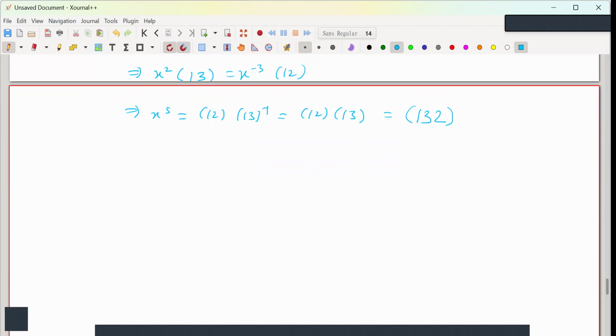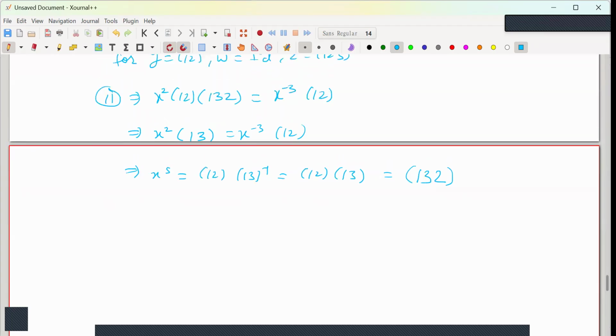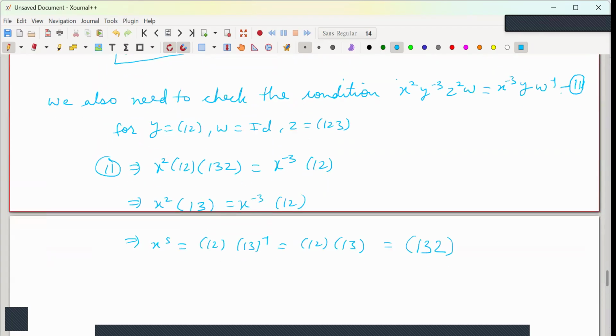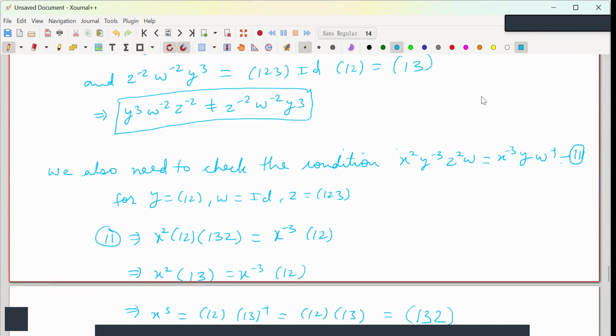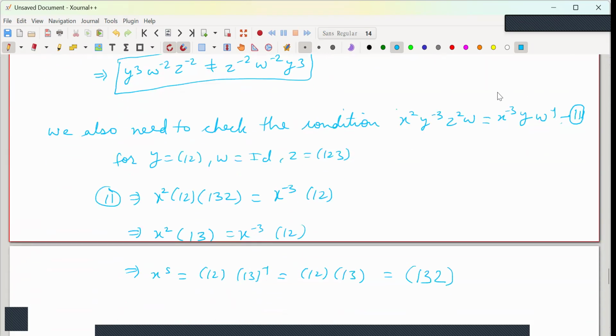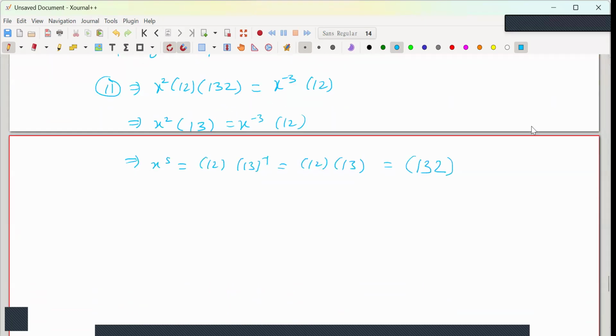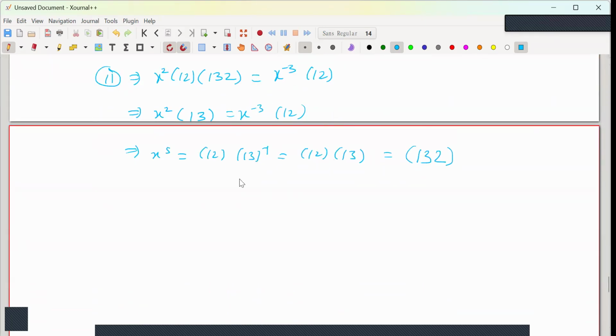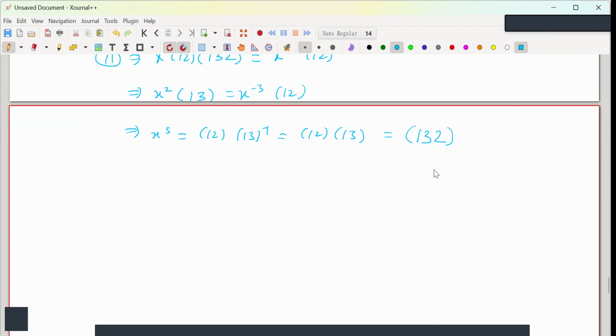Because we need to find a choice of x, y, z, w such that this condition holds, but this condition doesn't hold, right? In the previous condition, we don't have any restrictions over x, but here we are having x in the relation. So if this condition holds, then x should be such that x5 is equal to 132, right?